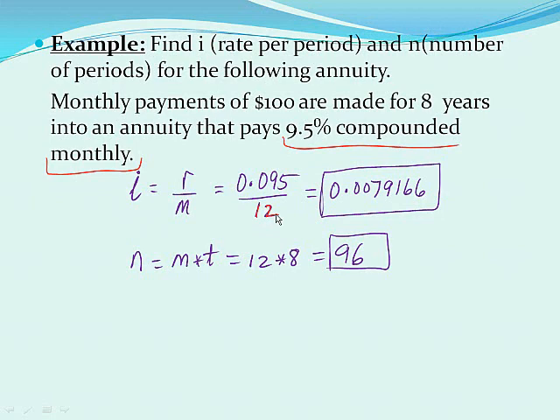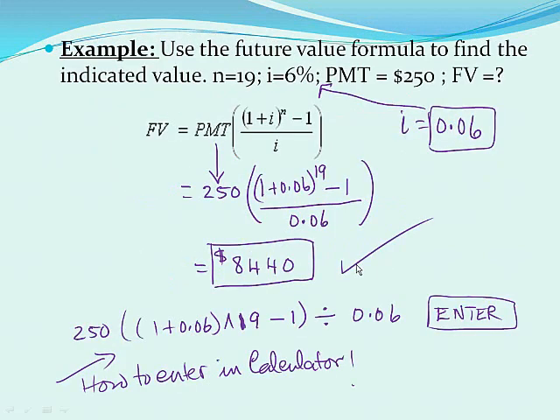The number of payments will be m multiplied with t, where m is the number of periods per year, which is 12, multiplied with the number of years, which is 8. So we get 96.